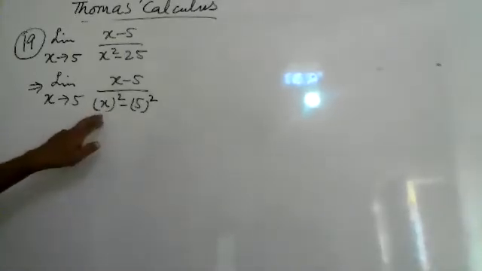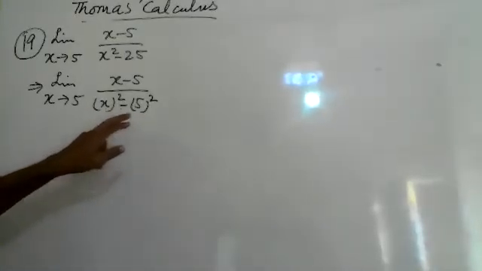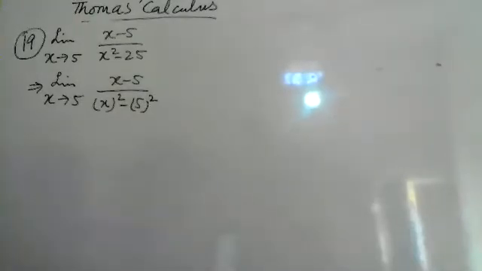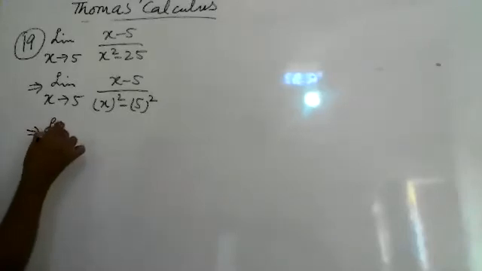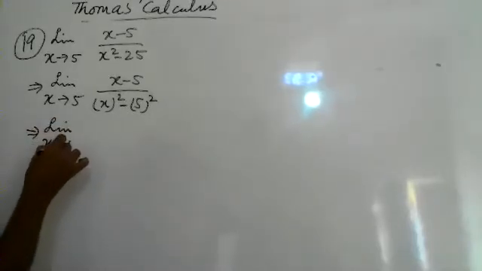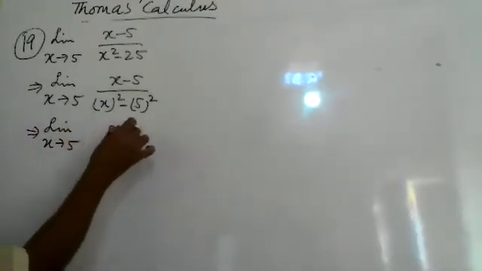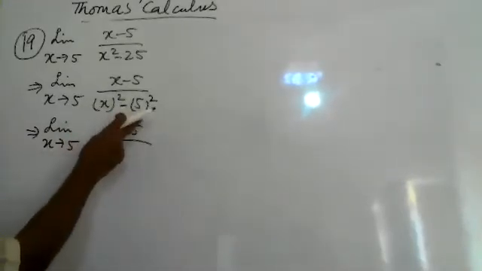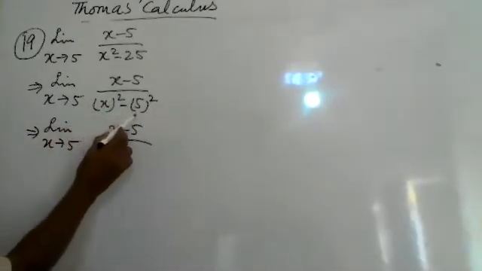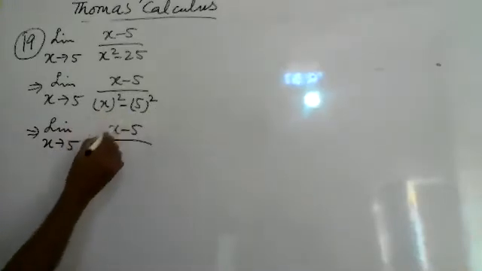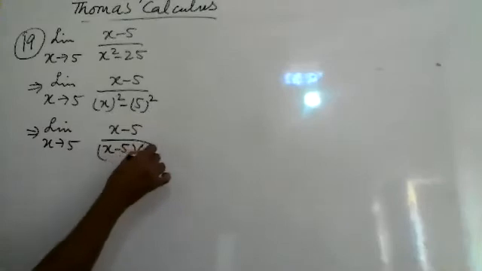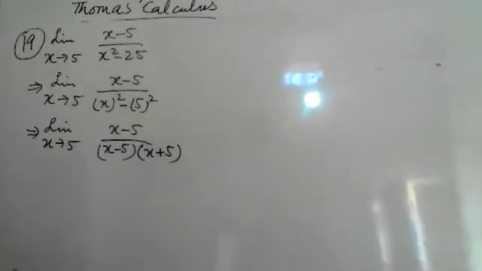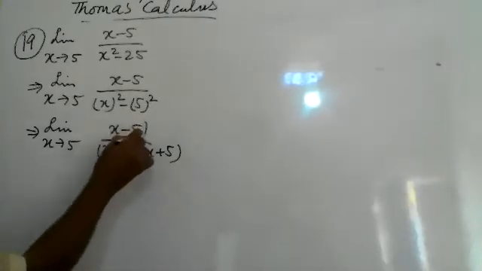So this is a square minus b square. We will use the formula a square minus b square to make the factors. Limit x tends to 5, x minus 5 upon a square minus b square, which will become a plus b into a minus b. So x minus 5 into x plus 5. These are the factors. So x minus 5 is cancelled by x minus 5.